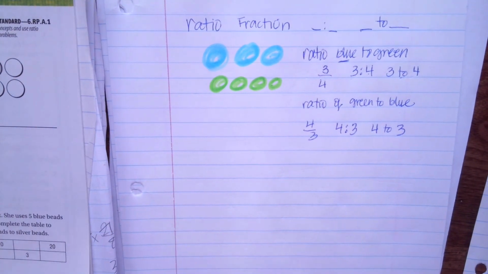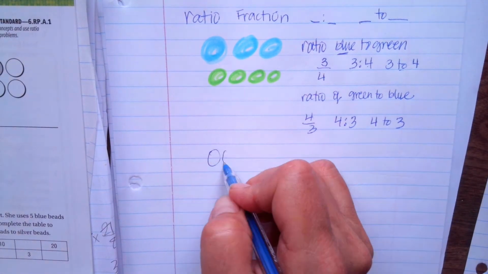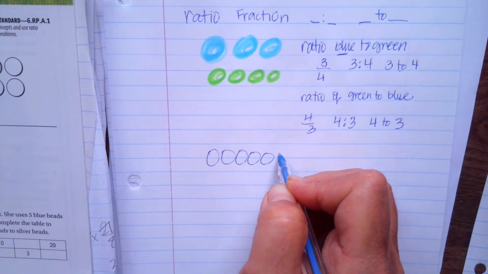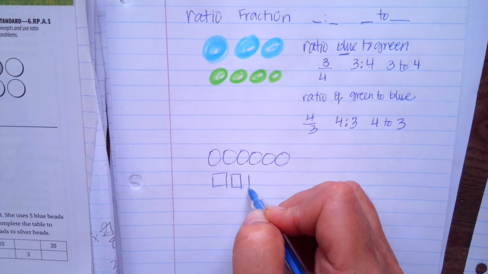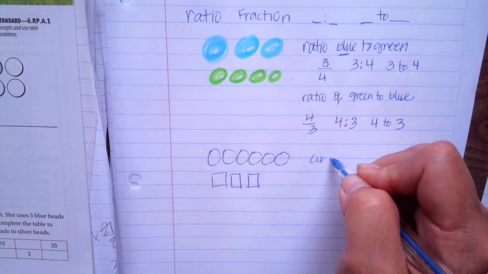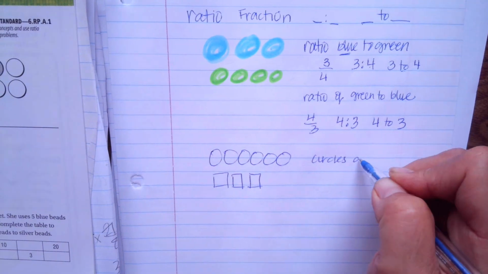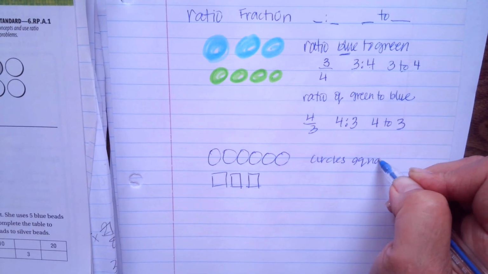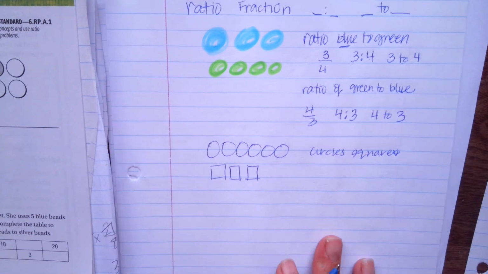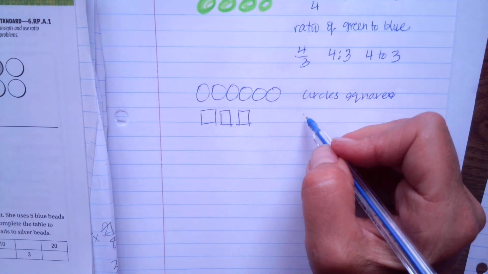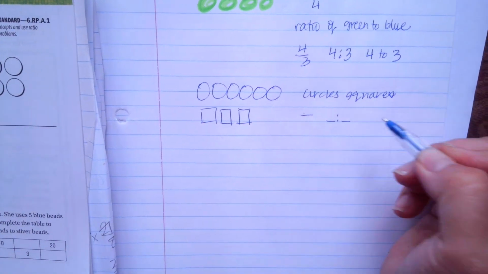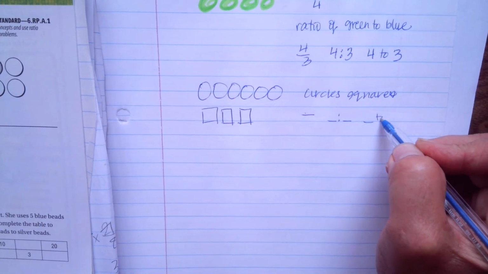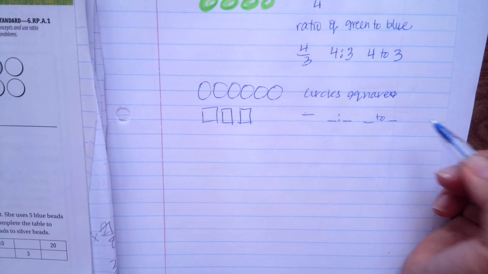So you are going to do circles to squares, and you're going to list it as a fraction, blank to blank, blank to blank, like that, and the words blank to blank.